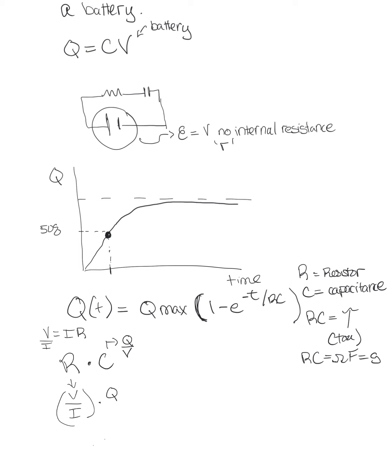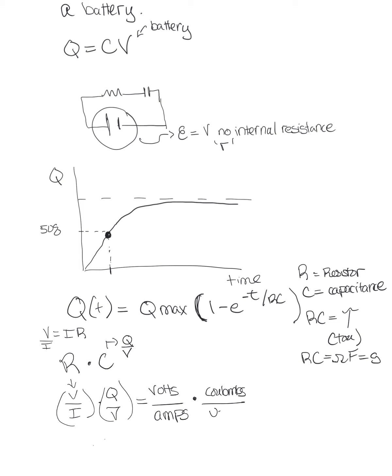So we can say Q divided by V. And then if we look here, we have these volts. We know it's going to be volts. This right here, the V divided by I, is volts divided by amps times, and Q is in coulombs.